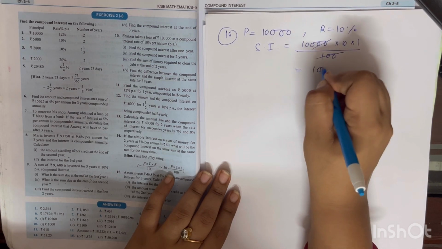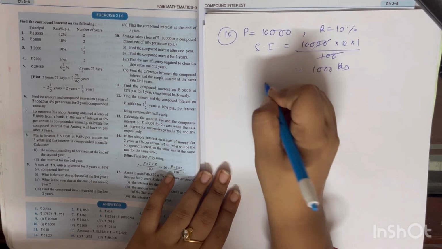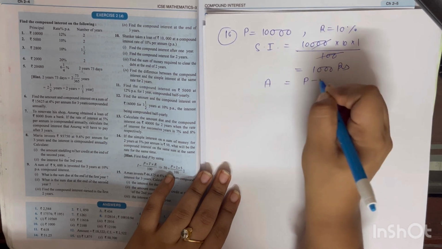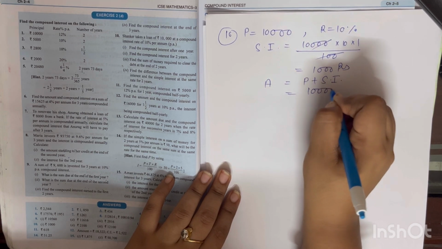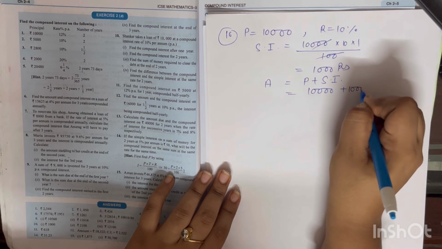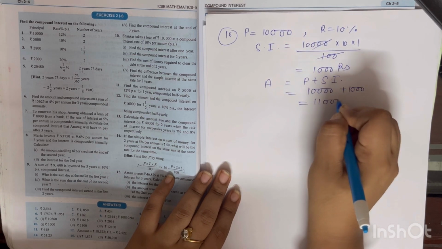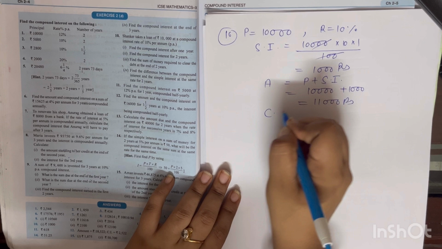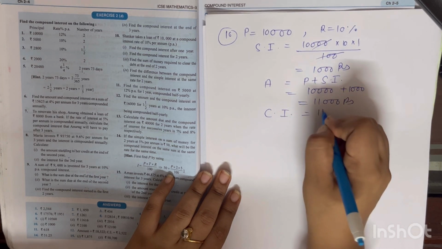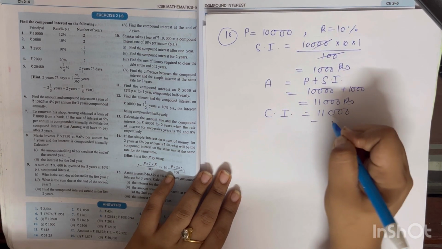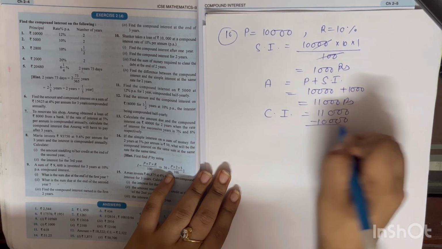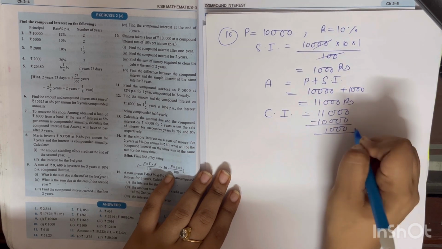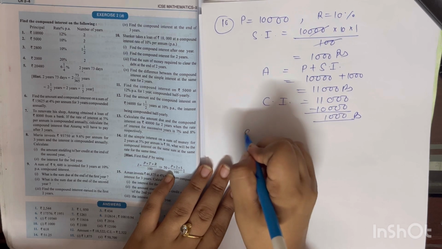Amount will be principal plus simple interest, 10,000 plus 1,000, it will be 11,000 rupees. Now compound interest is amount minus principal, 1,000 rupees.